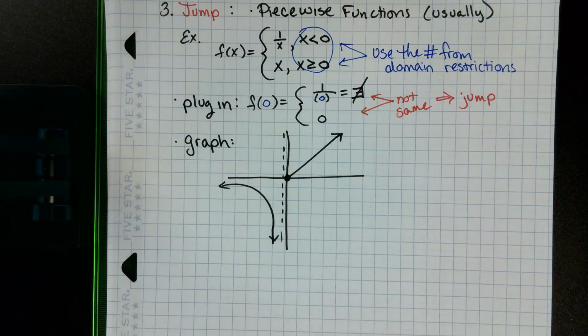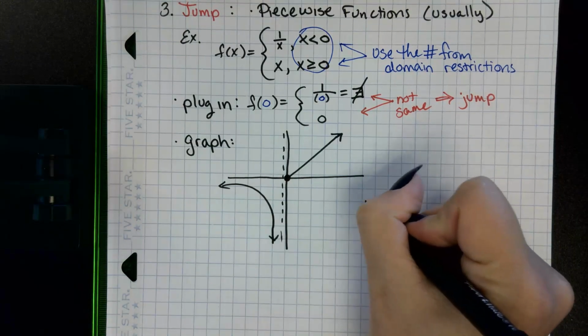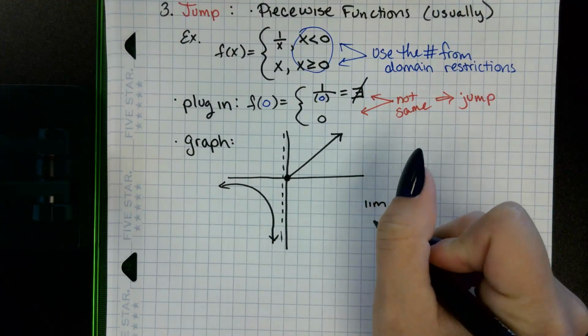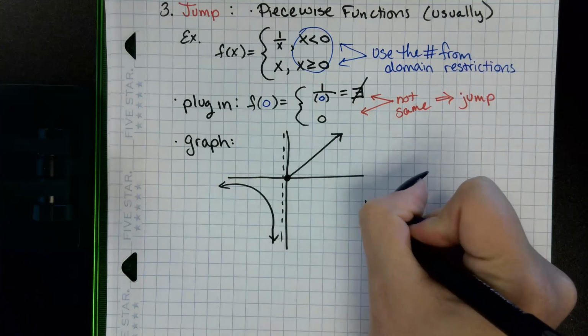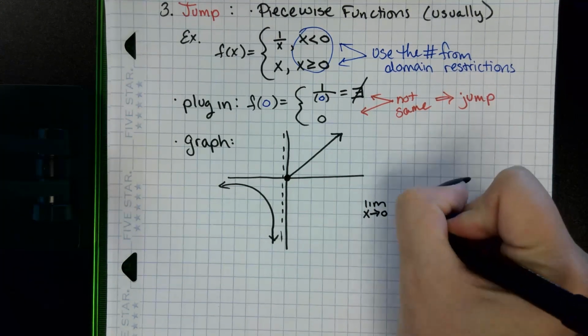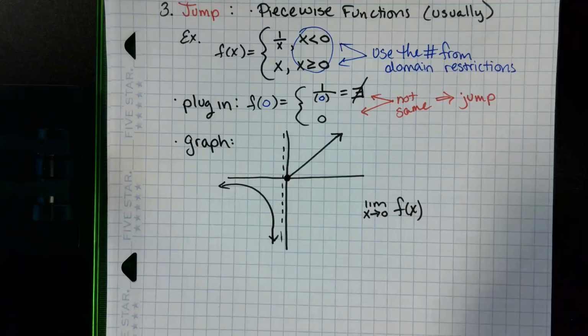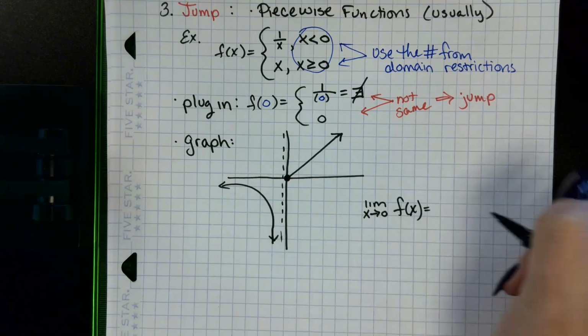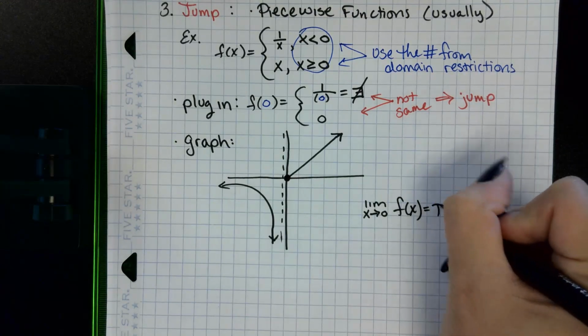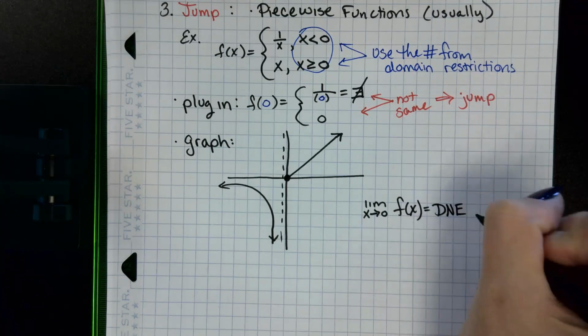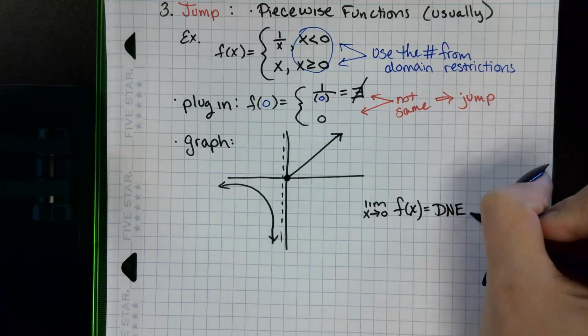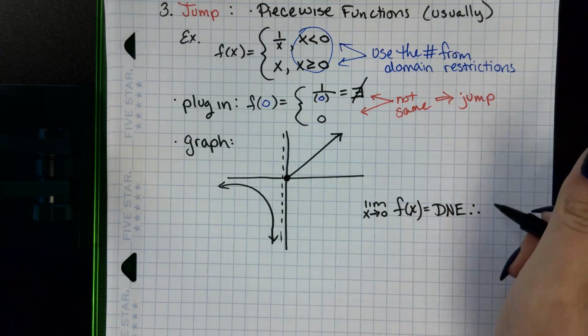So the limit as x approaches 0 of f of x does not exist, DNE. Therefore, there is a jump discontinuity.